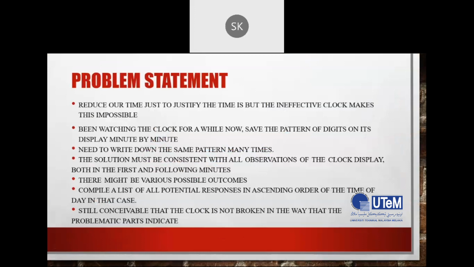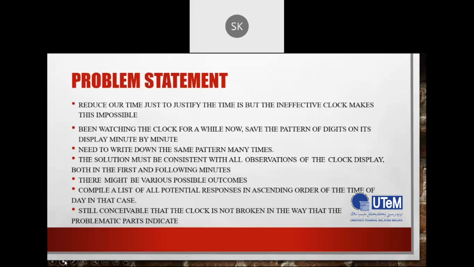Okay, for my PBL, the problem statement is to reduce our time, but the ineffective clock makes this impossible. Second, having been watching the clock for a while now, save the pattern of digits on its display minute by minute. Third, need to write down the same pattern many times. The solution must be consistent with all observations of the clock display, both in the first and following minutes.